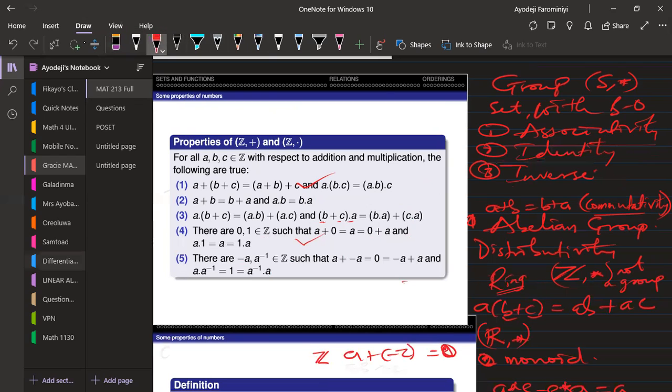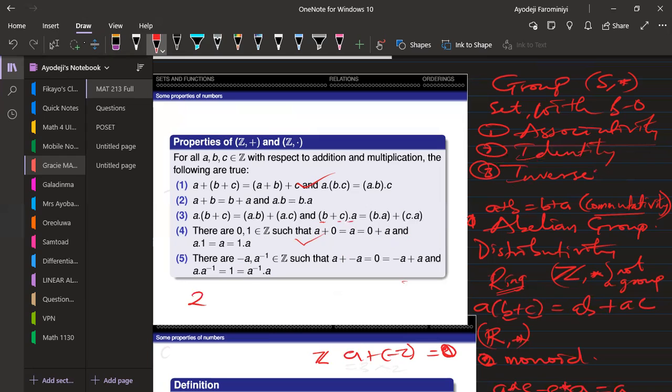So the identity is one. Any multiplicative group, identity is one. But the problem now, you said it is a group. So what is the inverse of 2? 1/2.